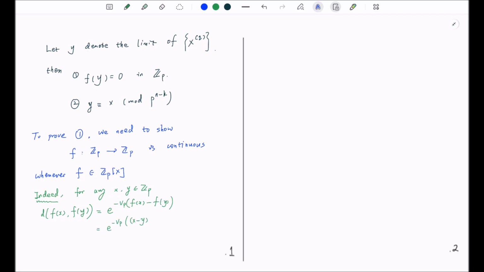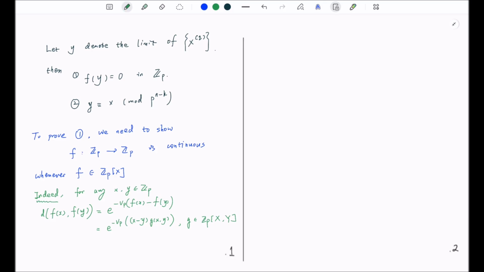So this difference will be equal to x minus y times some polynomial g of x and y, where g is a two-variable polynomial over the ring of p-adic integers.